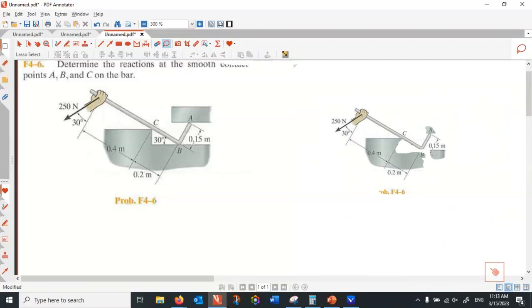At point C, I asked this question of Porty: the reaction force, which one is my interface? Should I make that reaction normal to this face, or should I draw it normal to the lever direction? I know the reaction is at point C, but should I draw it normal like that or normal like vertical?